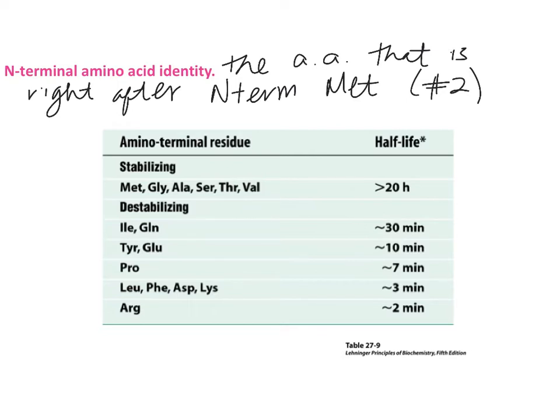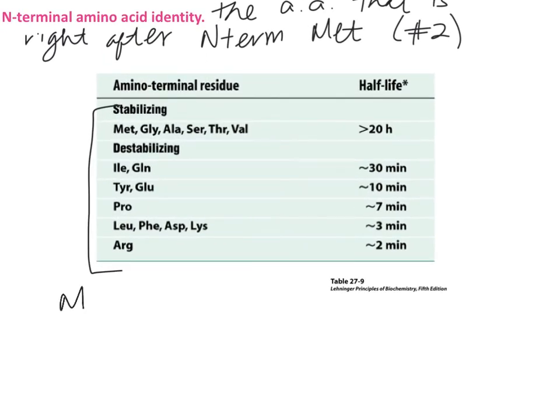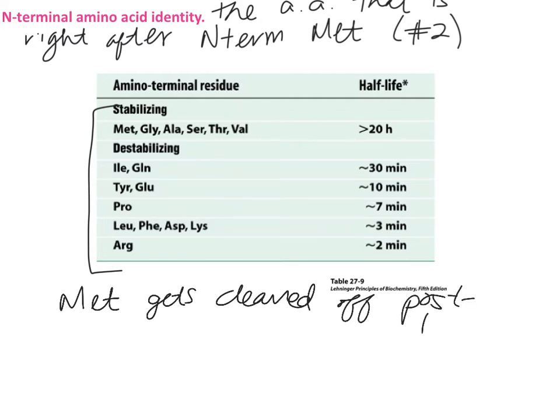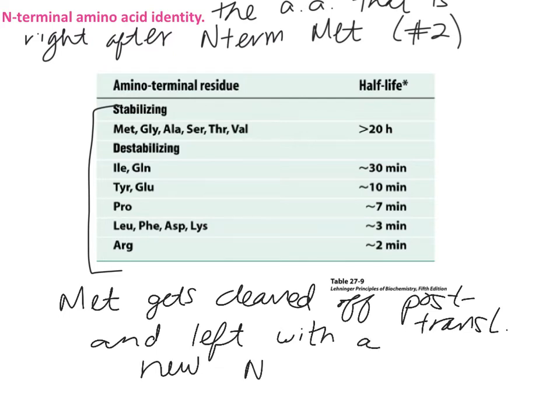Well, it turns out that methionine actually kind of gets cut off, and in a lot of protein sequences it is post-translationally cleaved off, and then you're left with a different N-terminal residue. So that N-terminal methionine oftentimes gets cleaved off post-translationally, after the ribosome works, and you're left with a new most N-terminal residue. So this would now be residue number 1.